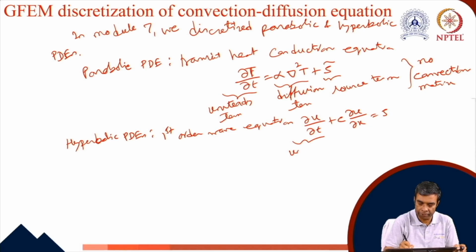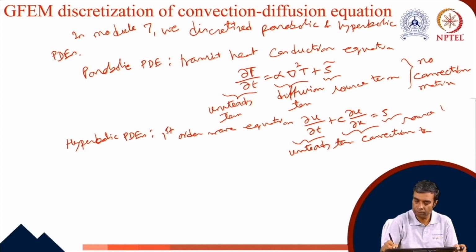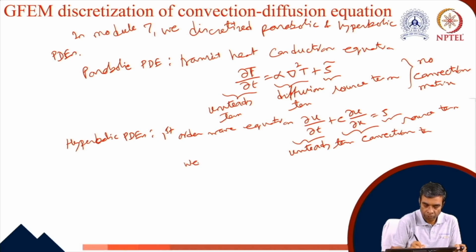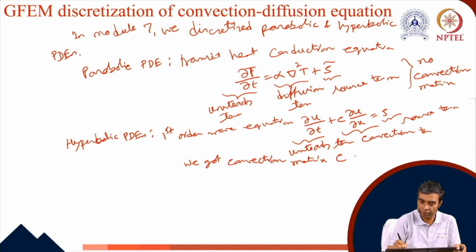So first term is unsteady term. The second one is convection term. The last one is the source term. So in this case, we got convection matrix, capital C, but no diffusion matrix.